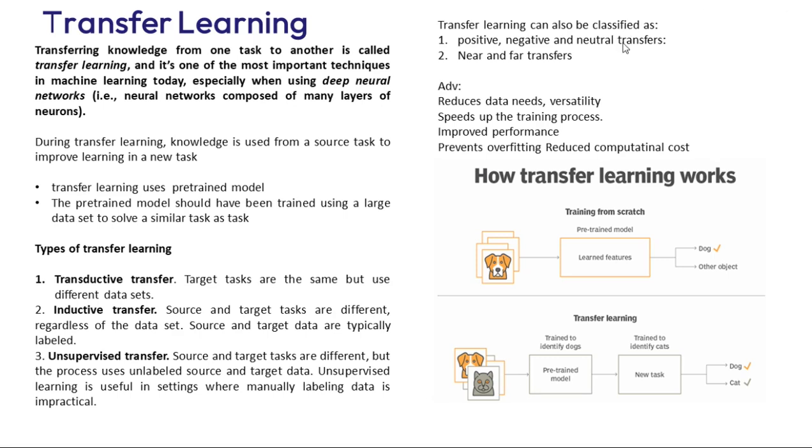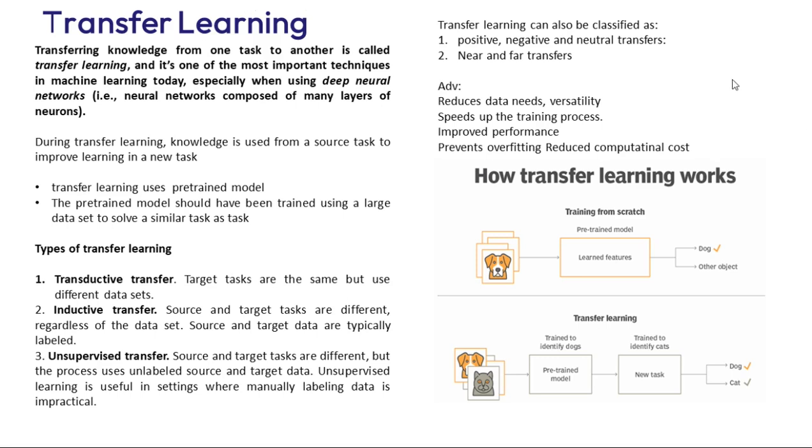You also have other classifications of transfer learning like positive, negative, and neutral transfer learning, and there's also something called near transfer learning and far transfer learning. Now these things you can learn when you try to implement your work using transfer learning. Then you have to go through all these different types and work on that. But there are very good projects you can do using transfer learning.